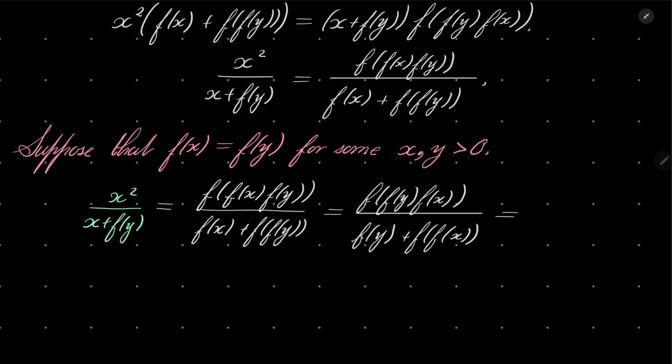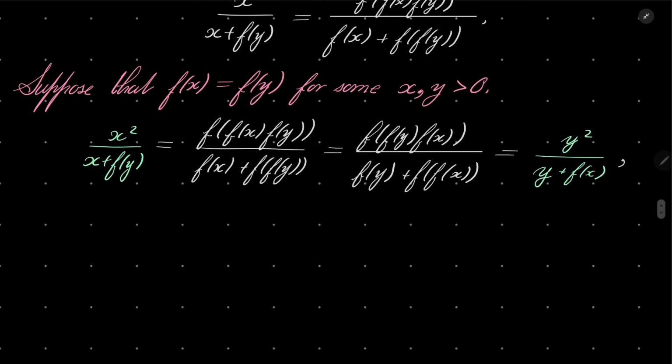But then this is equal to y squared over (y + f(x)). Perfect. And now we'll take these expressions written in green and we will multiply them, getting rid of the denominators. So that equals y squared (x + f(y)).